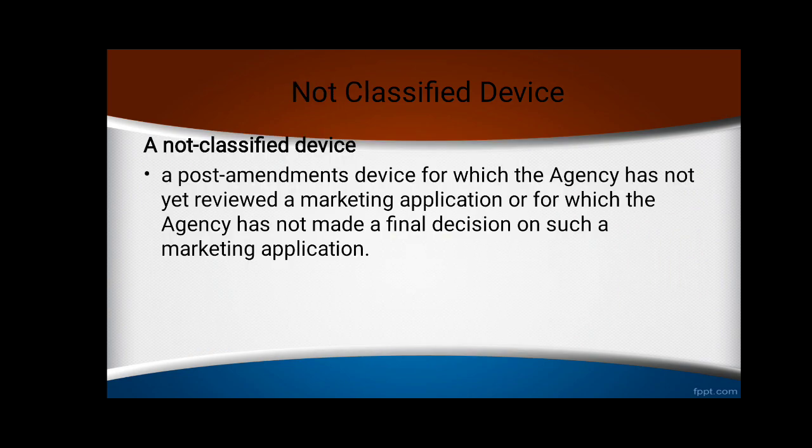A not classified device is a post-amendment device for which the agency has not yet reviewed a marketing application or for which the agency has not made a final decision on such a marketing application.